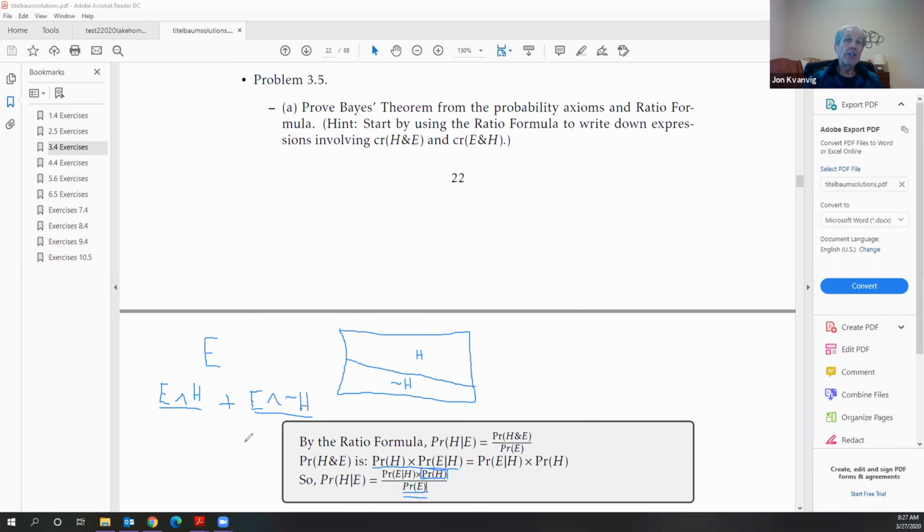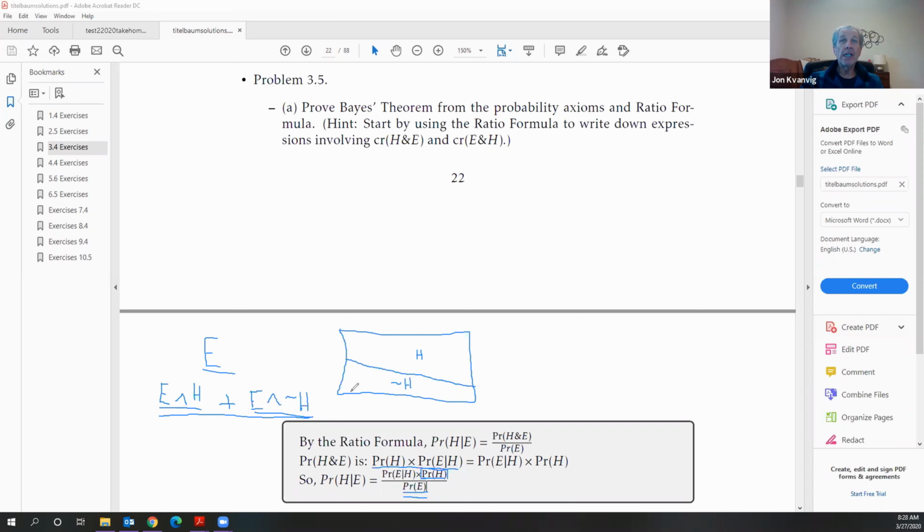So now we need these two conditional probabilities of E given H and E given not H. But the only unconditional probabilities we have left are derived from the probability of H itself, because the probability of not H is just going to be 1 minus the probability of H. I call this the logical expansion on E relative to this partition.